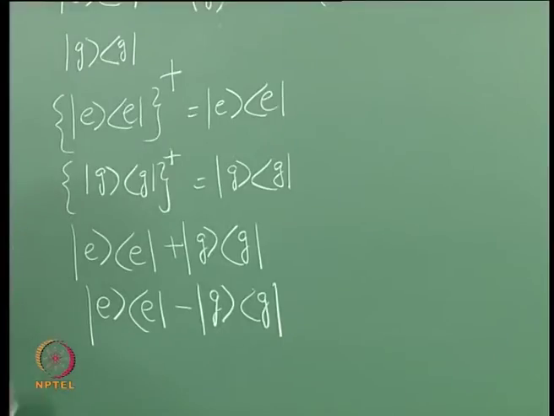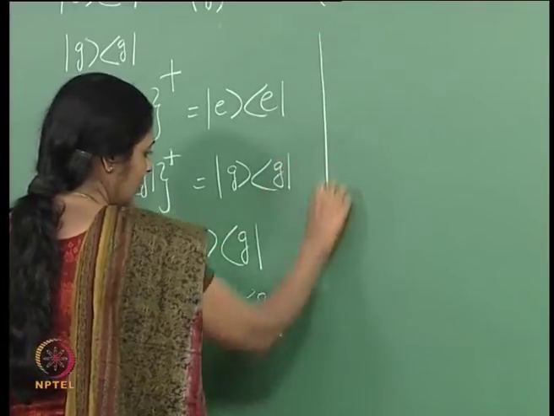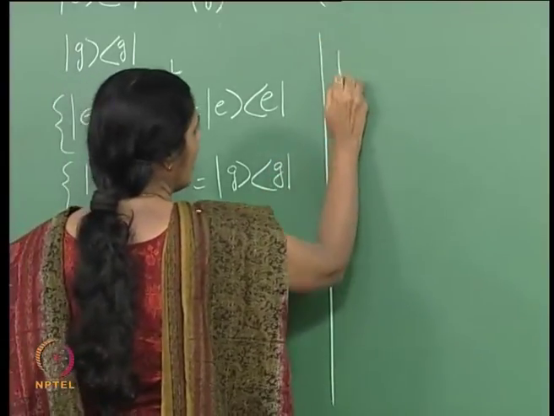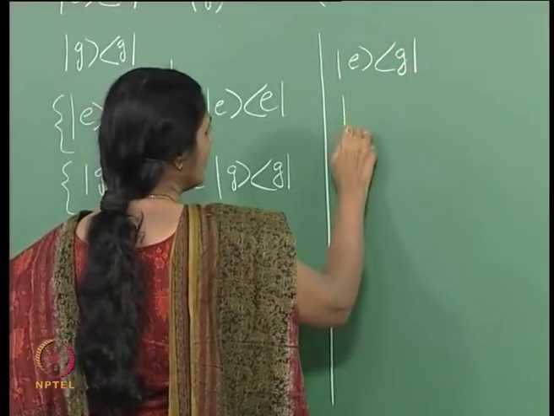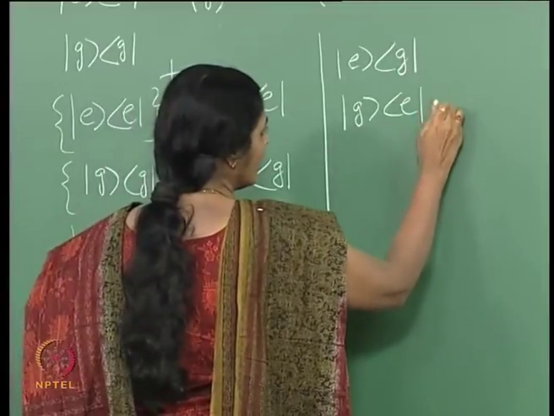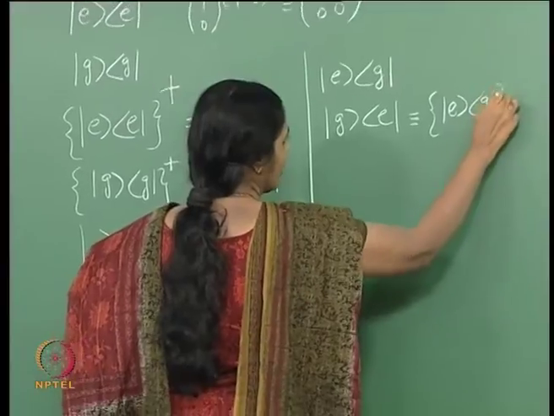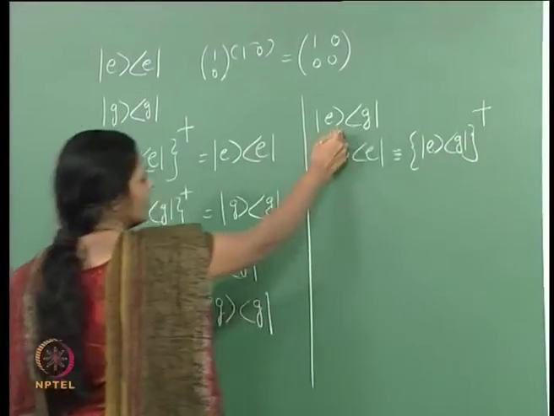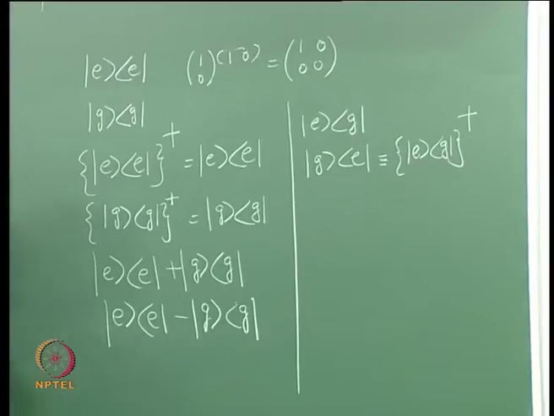These are evidently Hermitian operators. There are more operators that I can think of. I can have the non-Hermitian operator ket E bra G and ket G bra E. This object is clearly the Hermitian conjugate, or the dagger, of that operator. I can think of combinations of these.